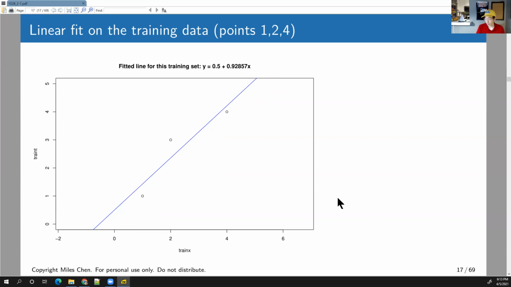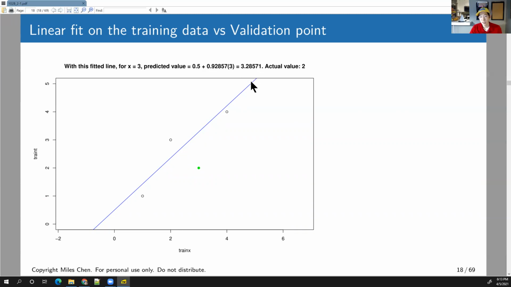Now we ask, what is the predicted value for point number 3? If you put in point number 3, we would have predicted 3.28571. And the actual value in our data set is 2.